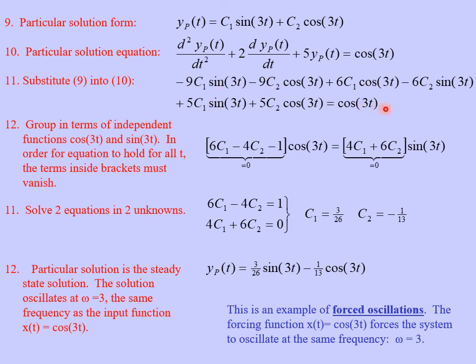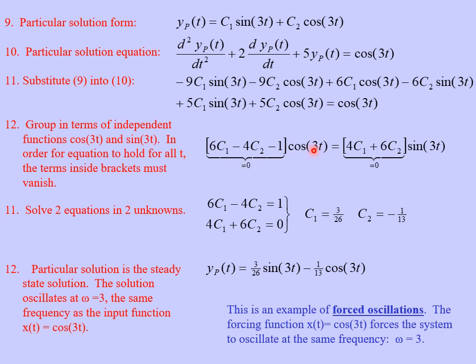This would be a good exercise to make sure that you can get this same result. The final thing to do is group all the cosines together on one side, and what I did was group all the sines together on the other side. One of the math tricks here is that a cosine and a sine are independent functions.